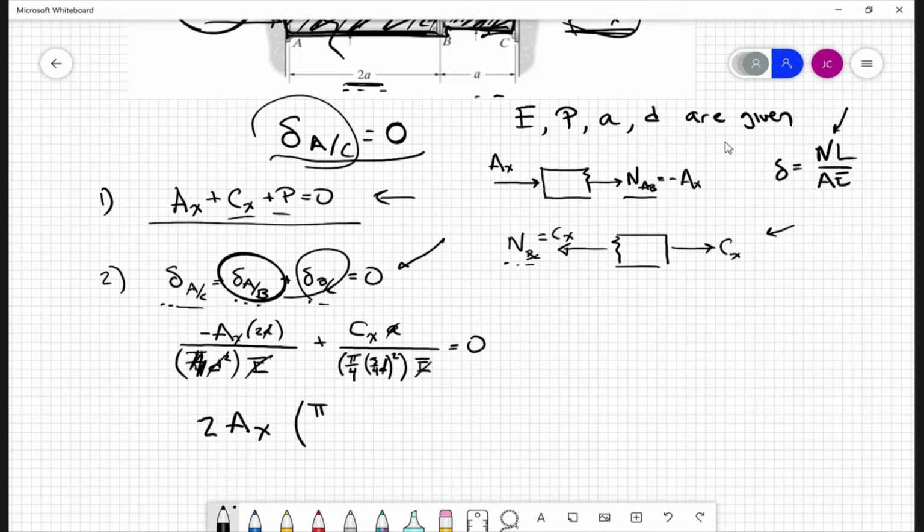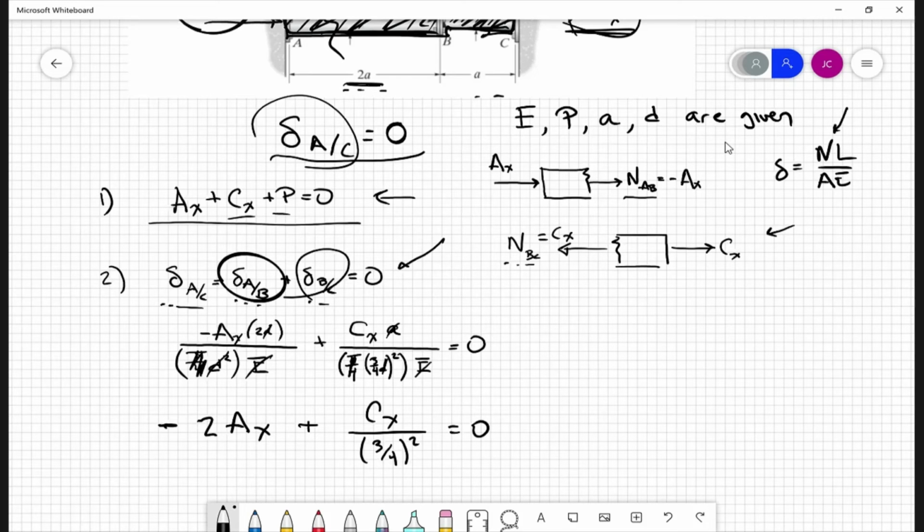Get rid of those, so it's a little easier. So now I have 2AX. Well, okay, let's do an extra step. CX over 3/4 squared equals 0. That's what's left, right, after we cancel everything out.